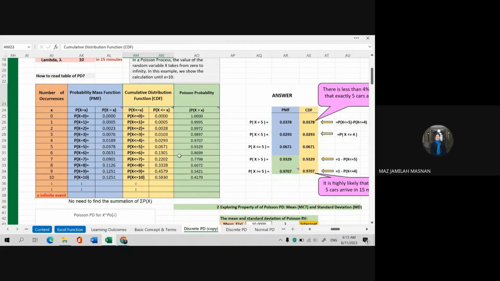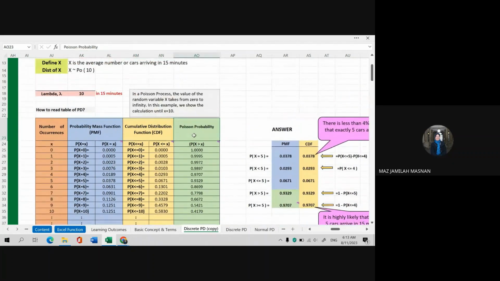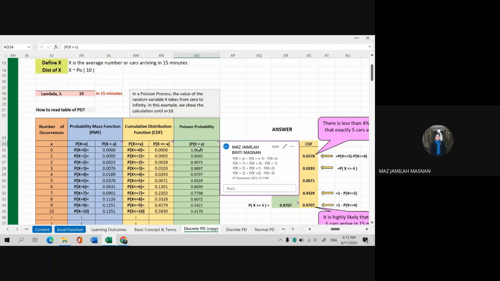But in addition, since our number of events is infinite, it would be helpful if you can come up with a third column, that will be the Poisson probability that reflects the probability of X greater than a given number of successes. For example, to find the probability of X greater than a certain number of successes, if you take one success, what is meant by X greater than 1?